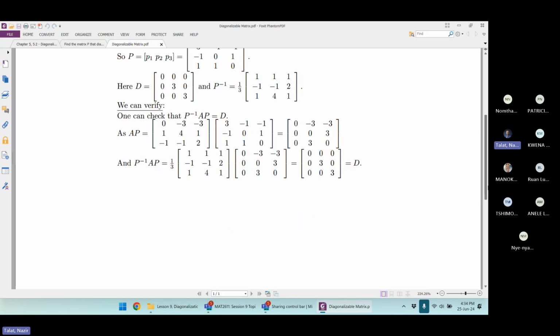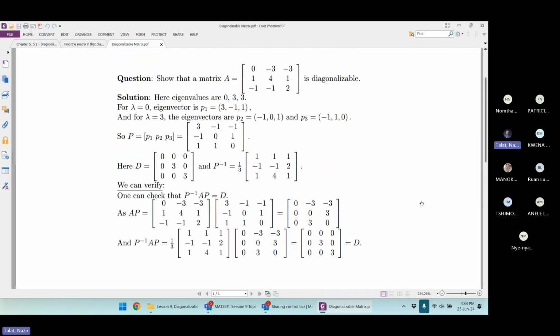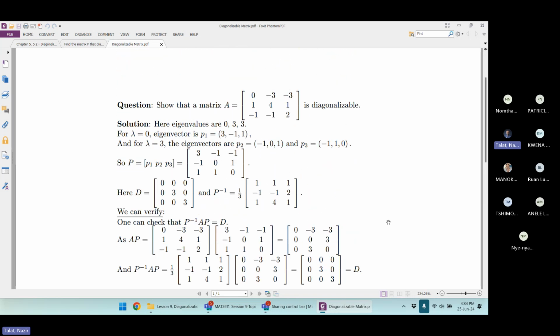So this is the method to obtain the diagonalization of any given matrix A. It means this matrix A is diagonalizable, and we have a matrix P which is invertible, and P inverse AP is equal to D.